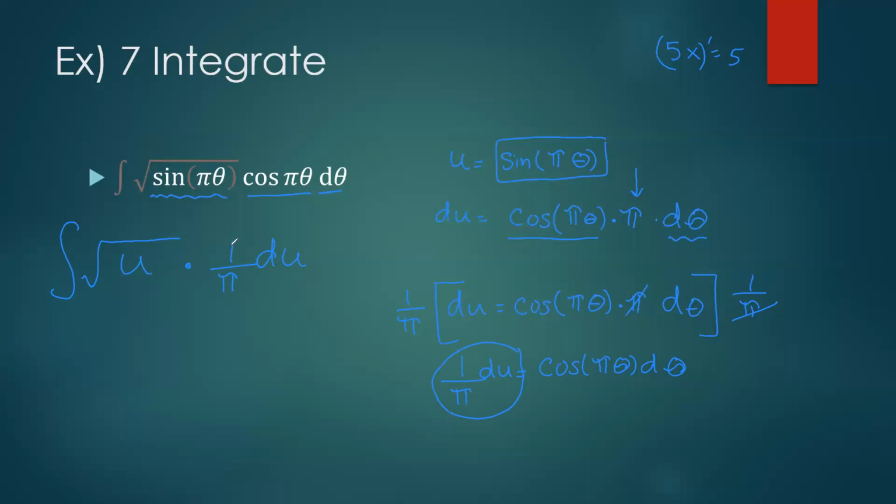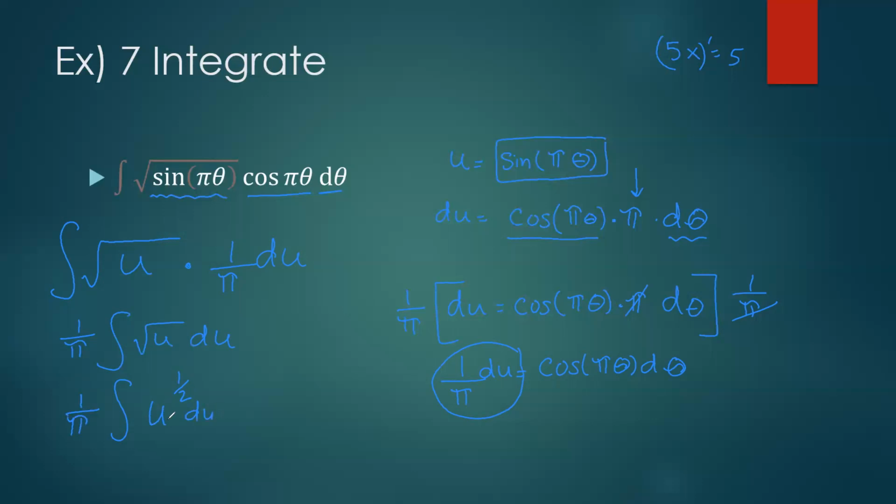Since 1 over pi is a constant, you can put that outside. And then square root of u du. You can rewrite square root of u as a power, the same thing as u to the 1/2. Then what is the integral of u to the 1/2?